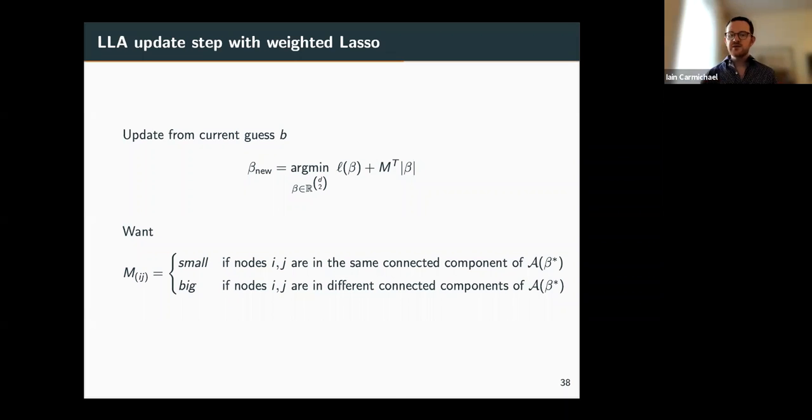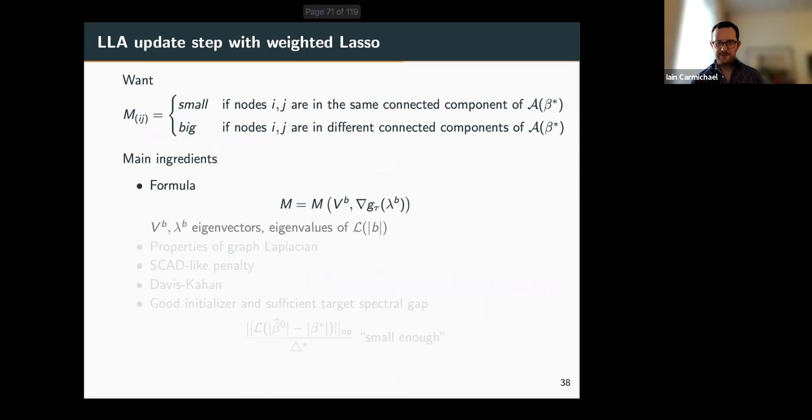So we want to be able to make some statement that our Lasso coefficient is small on within block edges, and it's large on between block edges.